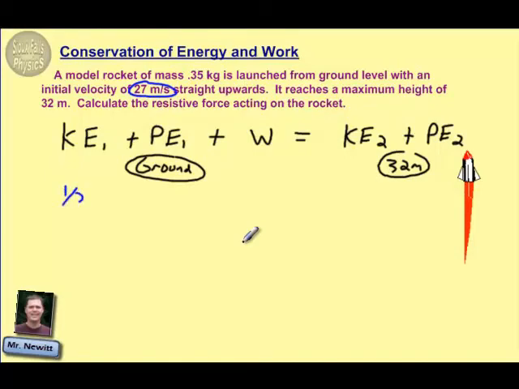So kinetic energy, 1/2 mv squared. That 27 meters per second of velocity is going to go in there. So I'm going to have 1/2 times the mass of the rocket, 0.35, times that 27 meters per second. Now, I have no potential energy, so I don't need to worry about that. I'm on the ground, so that part drops out.